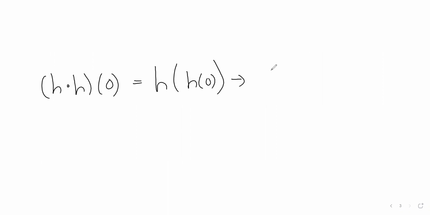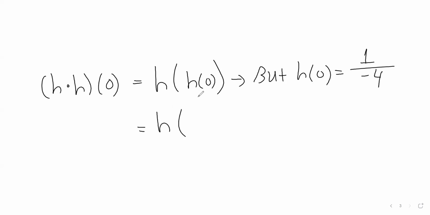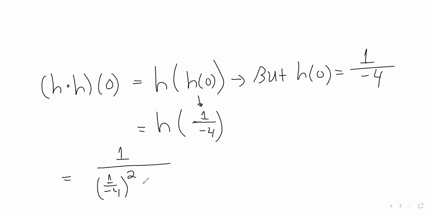I calculate the inner function first, which is h of 0, which becomes 1 over 0 squared minus 4, so that becomes 1 over negative 4. So again, I find equation h, but I'm going to replace x with 1 over negative 4.